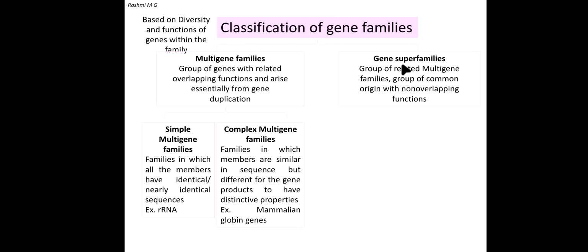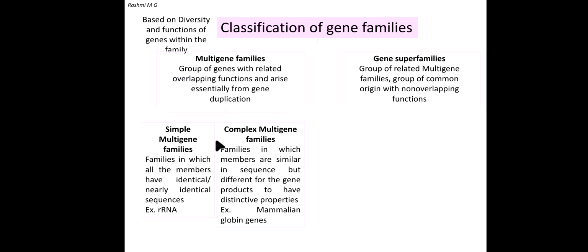And gene superfamilies are the group of related multi-gene families, of common origin with non-overlapping functions. Here you can see non-overlapping functions, and here we can see related overlapping functions.